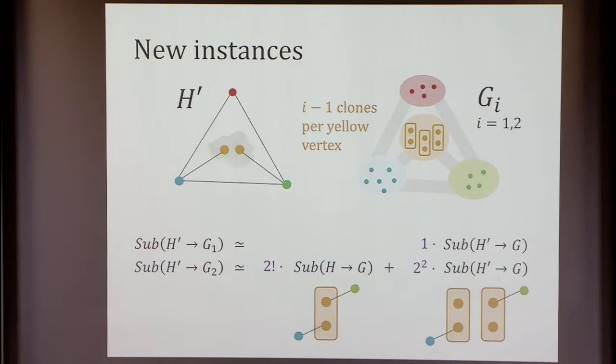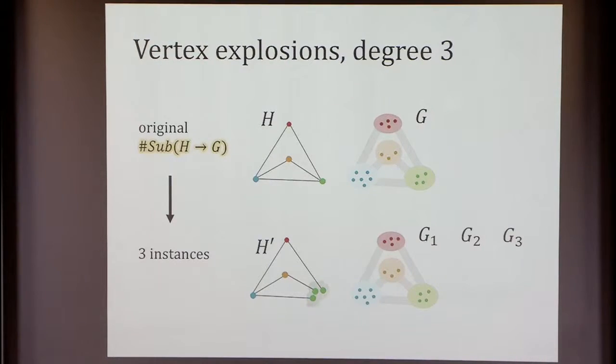Okay, but this is the number that we want to have, and these are the numbers that we can get by oracle calls. So we have a linear system of equations that is kind of obviously invertible. So in other words, if we get these numbers, then we can recover this number. Okay, and the very same approach also works if you explode a vertex of degree 3, then you just end up with 3 new instances.